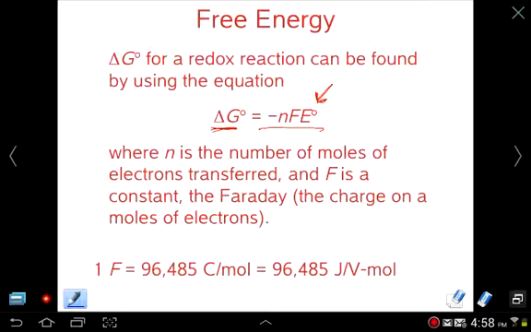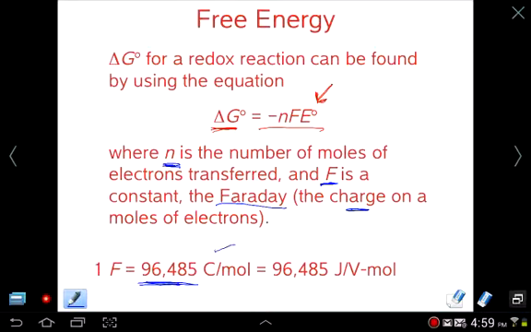Now N is defined as the number of moles of electrons transferred in the balanced equation, and we'll show you how that is determined. F is a constant called the Faraday constant, after Michael Faraday, very important scientist, and it equals the charge on a mole of electrons, and a mole of electrons is quite a bit of electrons, has this much charge, 96,485 coulombs.